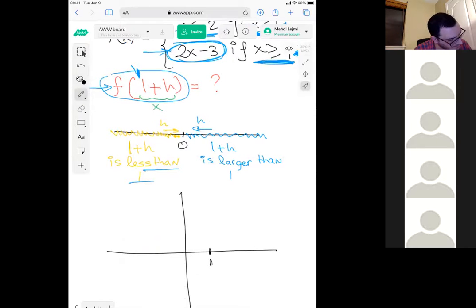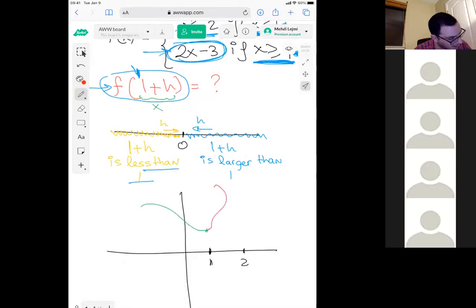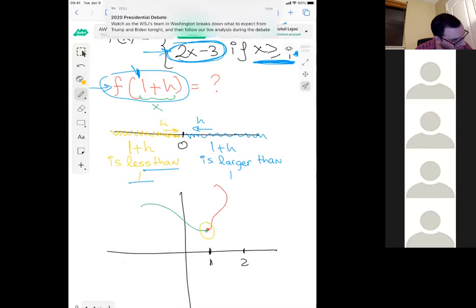Here's 1, here's 2. And I have 2 equations. I have a first equation coming from the left, and a second equation coming from the right, okay? So I don't know what's going on here at 1, because I have 2 different equations.